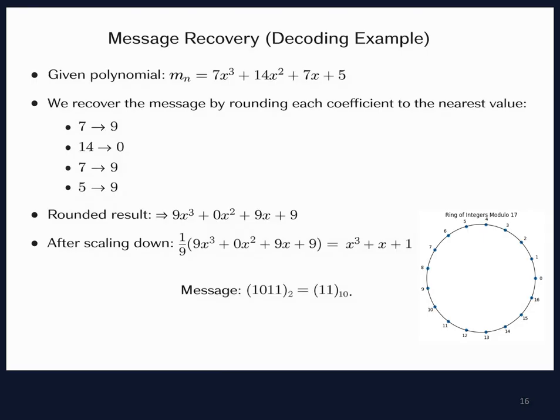This removes the noise while preserving the encoded bit. After rounding, we scale down by dividing by 9, which converts the coefficients back to the binary values 0 and 1. The resulting polynomial directly represents the message bits. Hence, we recover the message.